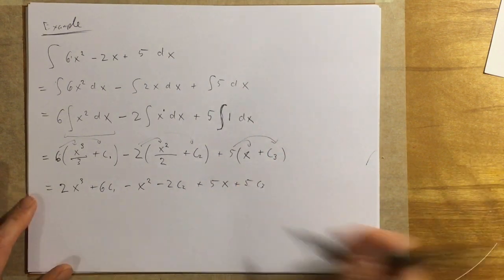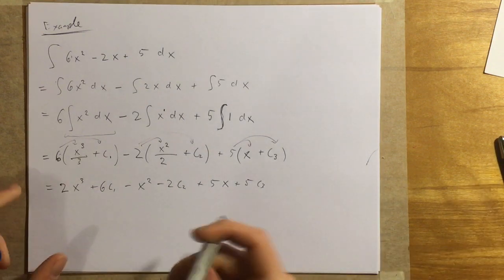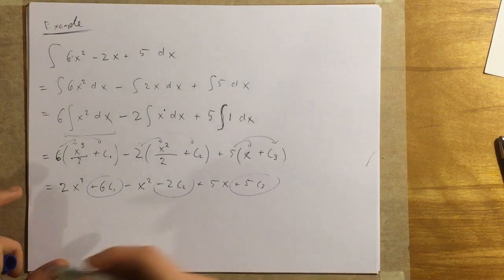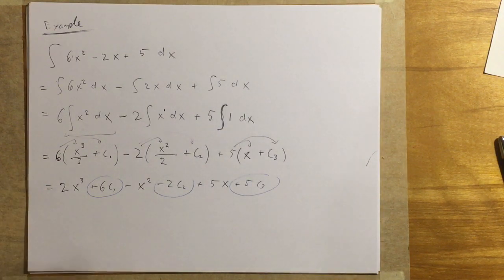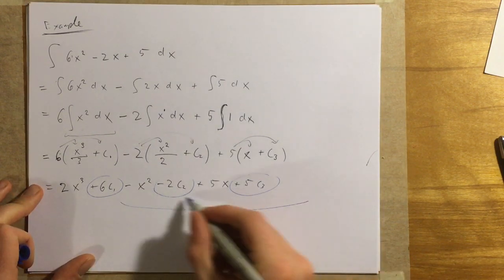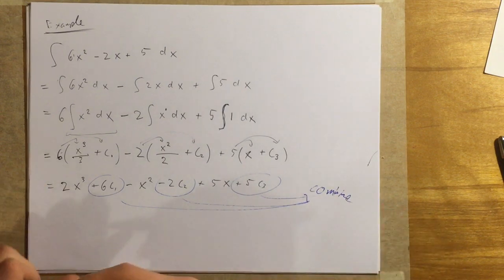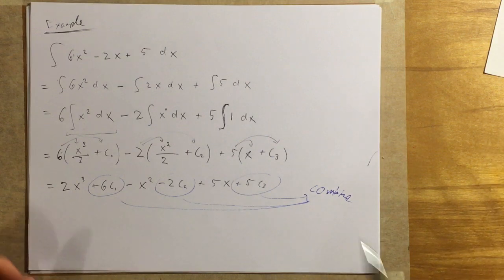All right, now we have three constant terms, right? We have this plus 6c1, minus 2c2, and plus 5c3. Let's combine those all together into one constant. Now, here's an idea. Wrap your head around this.